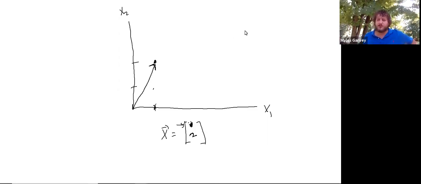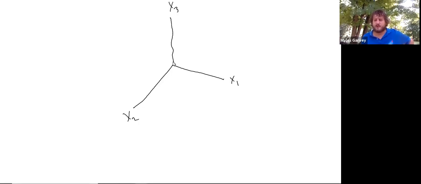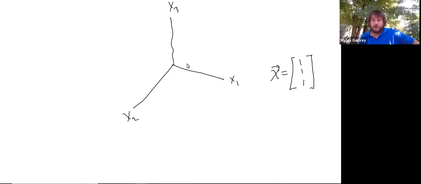If we had 3 dimensions, x1, x2, and x3, let's say. It's supposed to be a straight line, but it's not. And we had the vector (1, 1, 1). Geometrically, this says we're going 1 unit out this way, and then 1 unit out this way, for the vector in 3-dimensional space to be an arrow that goes out from the origin. Okay. Here's another one.